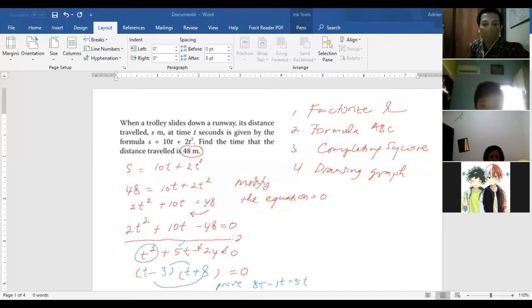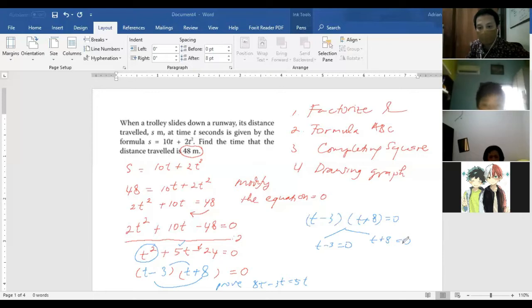So t minus 3, open the bracket, t plus 8, equals 0. And then you have to separate it into two parts. The first is t minus 3 equals 0, and the rest is t plus 8 equals 0, right?